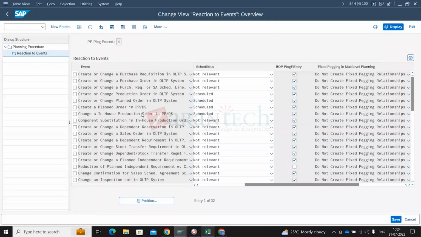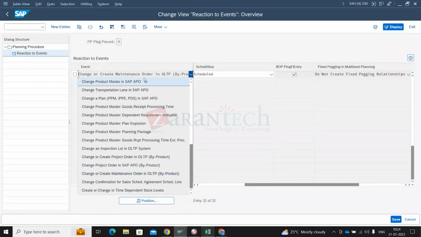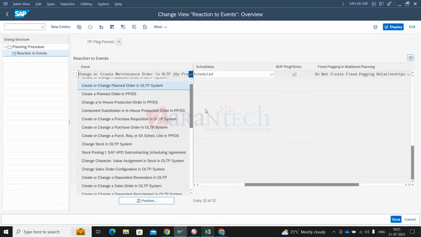But for now, do we have any other event which says to do a planning? If you expand the number of events, you change the product master in APO, what happens? You change the T lane in APO, what happens? There are actions based on every event. You will not have to create the planning procedure on your own anytime in your career, but you should know what it means.